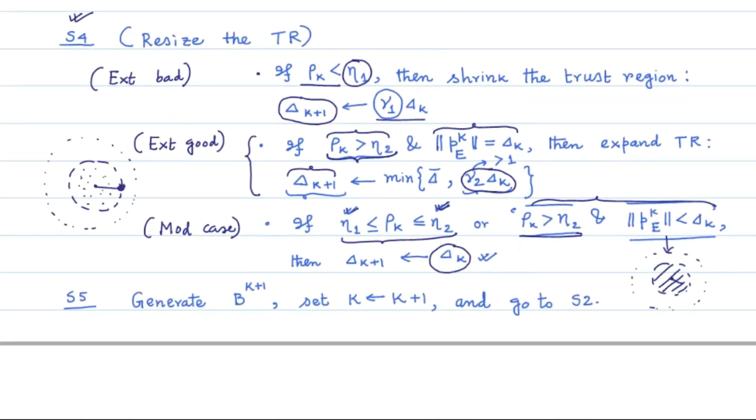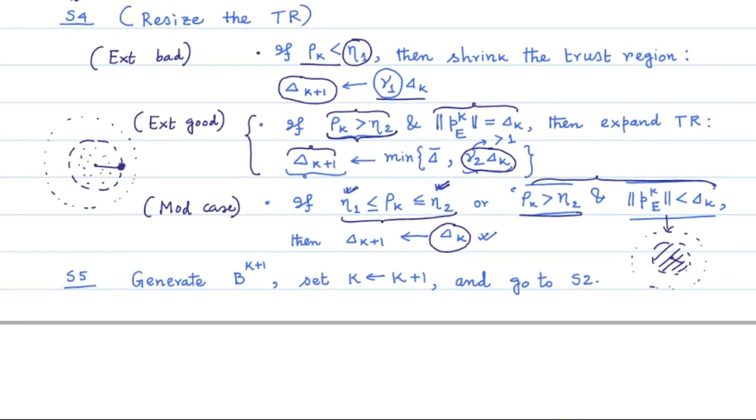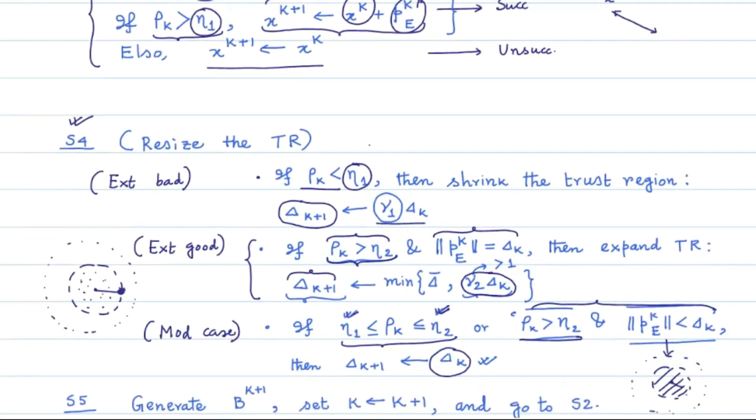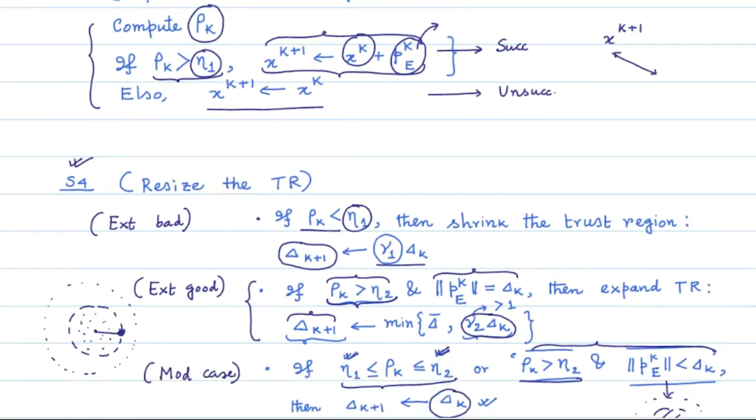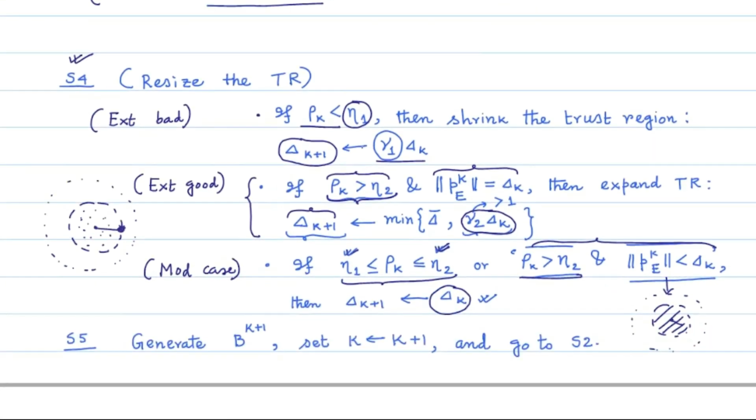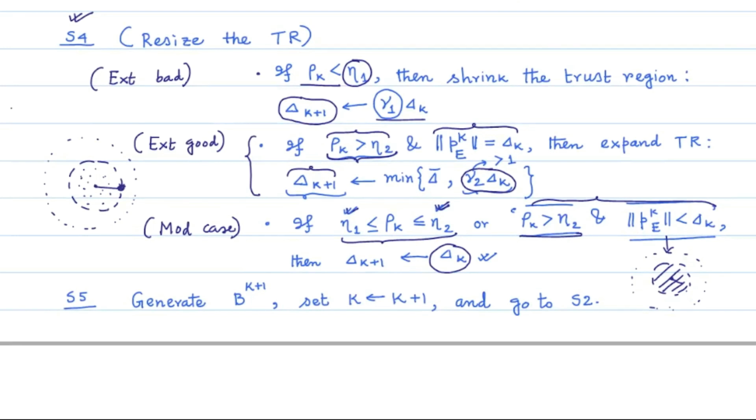Well, after resizing the trust region radius: in step 3 we have identified the next iterate xk plus 1, and in step 4 we have identified the trust region radius for the next iterate, delta k plus 1.